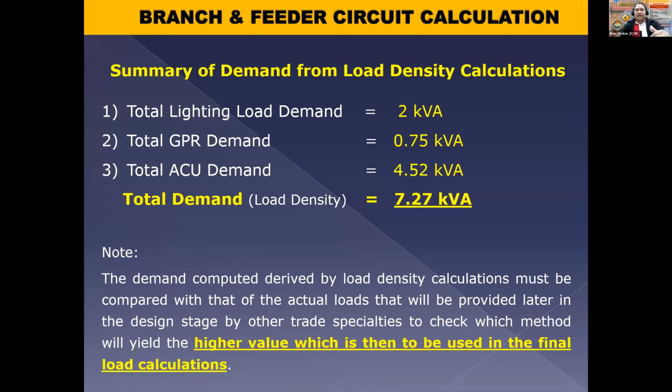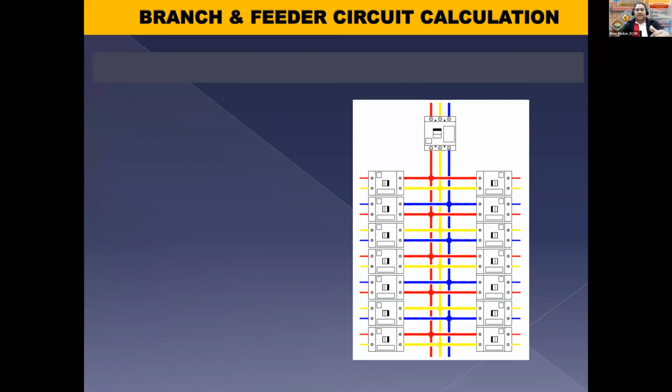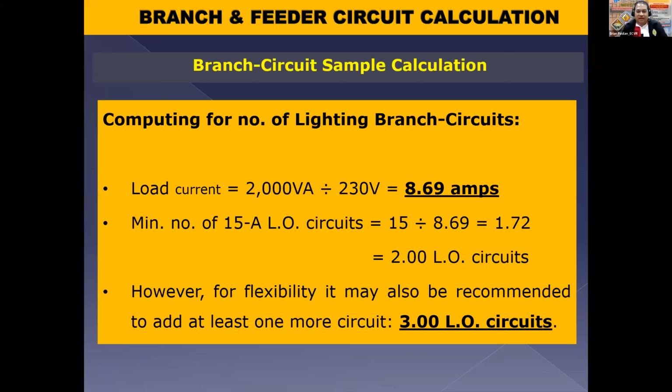Next step, let's compute the number of lighting branch circuits we need for that demand. We have the lighting load demand of 2 kVA, and our system voltage is 230 volts. So the total amperes needed is 8.69 amperes.